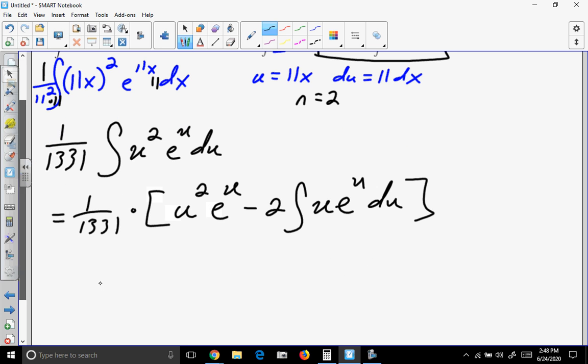Then eventually plus c. We're going to come back and put in our u's here later.